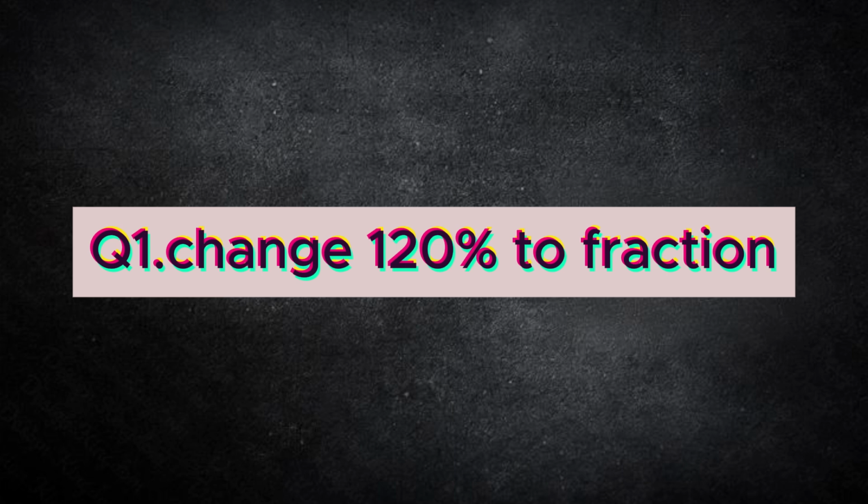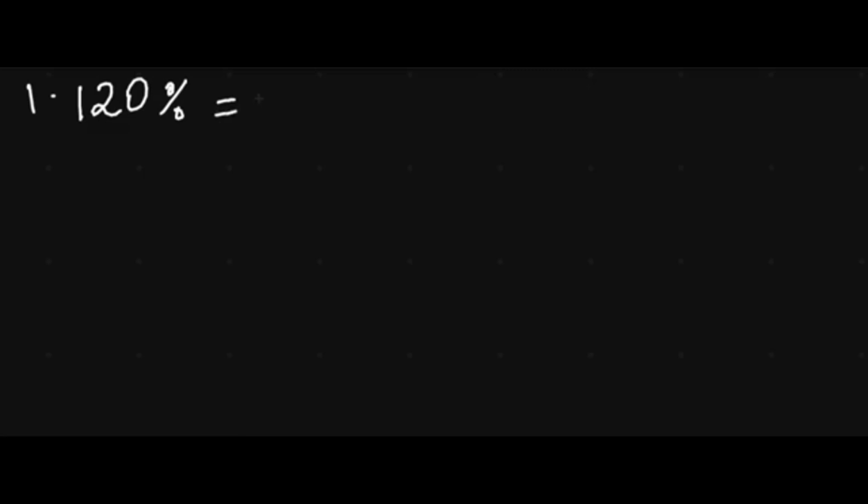The first example is changing 120%. Usually the same method we follow, the two methods: dividing by 100 and simplifying. So we divide 120 by 100.